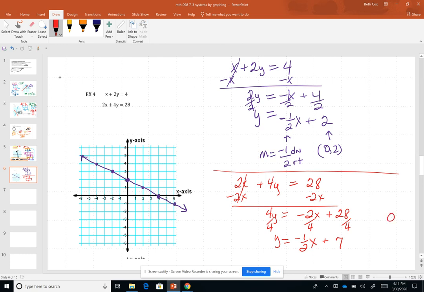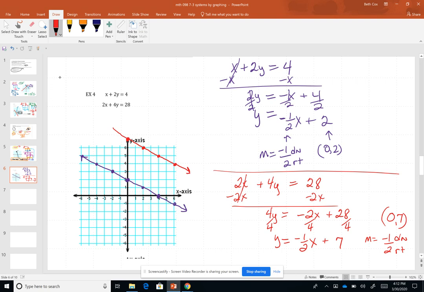Okay, so now my start point is 0, 7, which is not even on my chart. I'm going to put it way up there. And then my slope is negative 1/2, which again is down 1 and right 2. So down 1 and right 2 puts me here, and then my line is there.